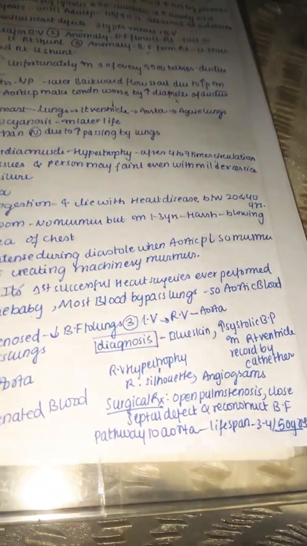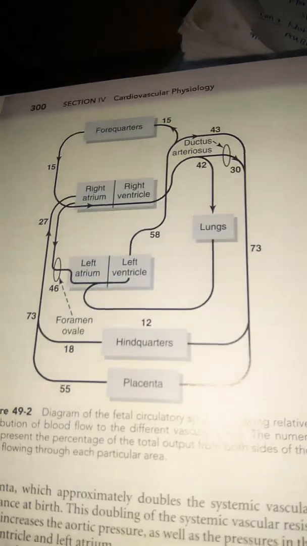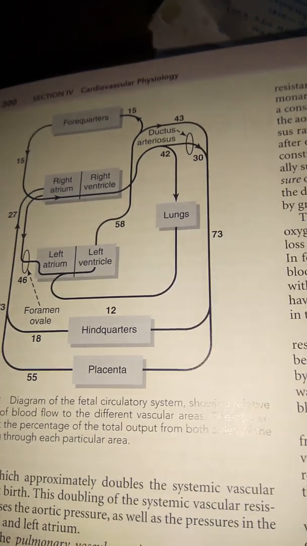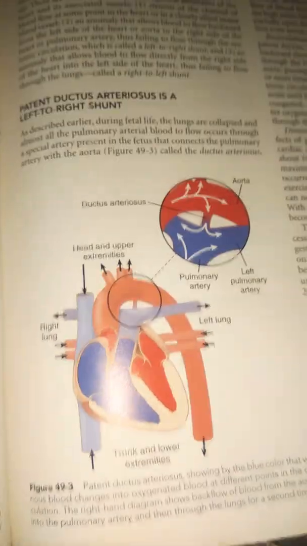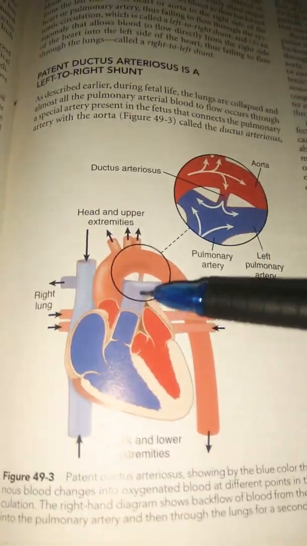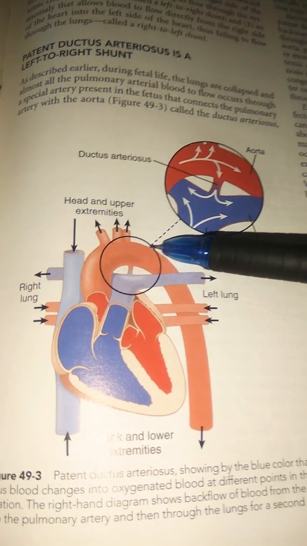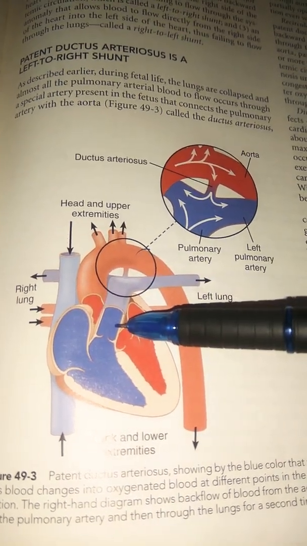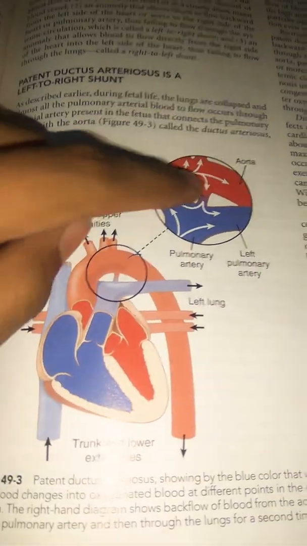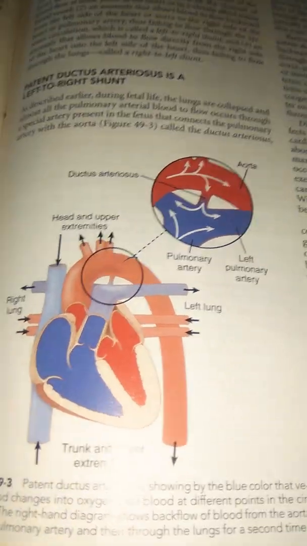So now let us complete this by looking at the diagrams from our textbook. You can see here the different pressure values given for fetal circulation, and here you can see our patent ductus arteriosus. When the patent ductus arteriosus is present, the blood may flow back from the aorta into the pulmonary artery. Because of this, there may be mixing of oxygenated blood with deoxygenated blood.